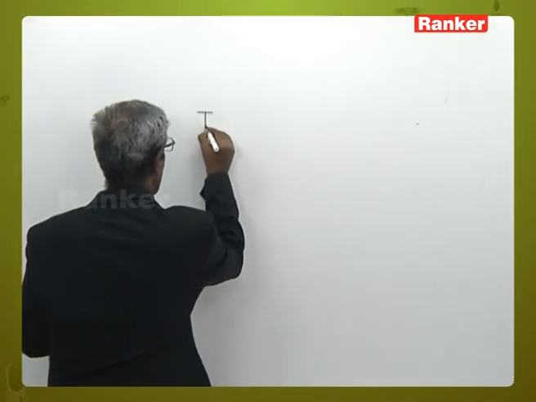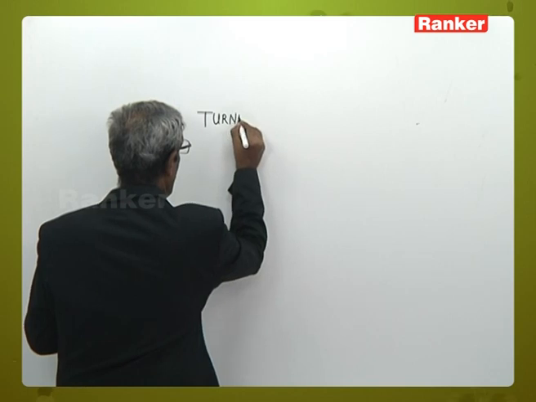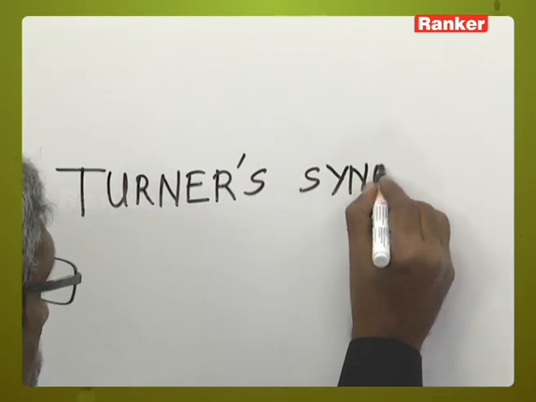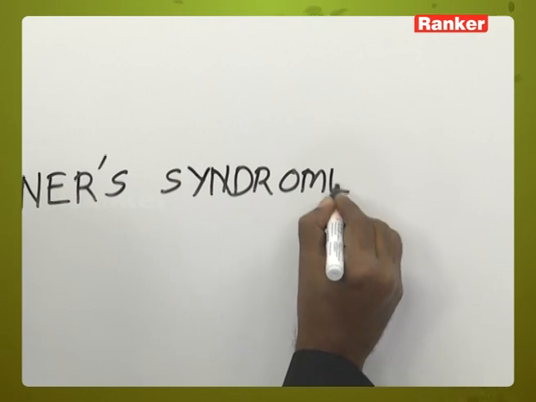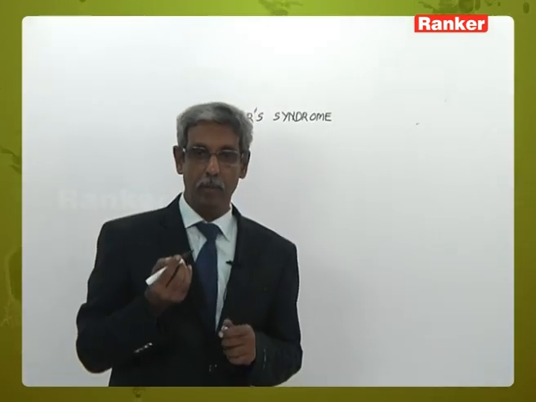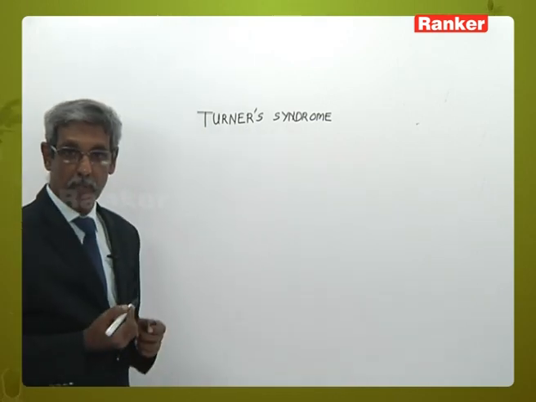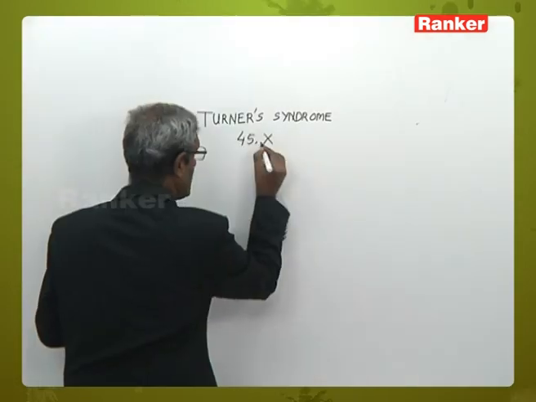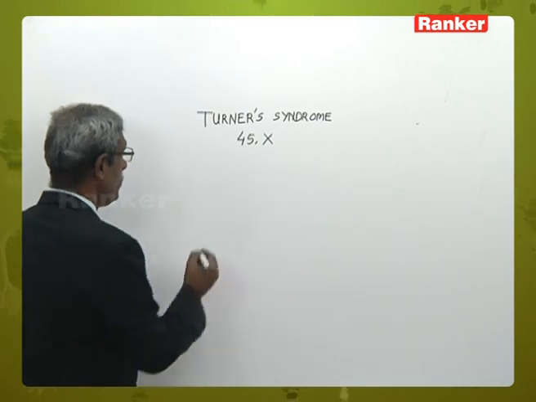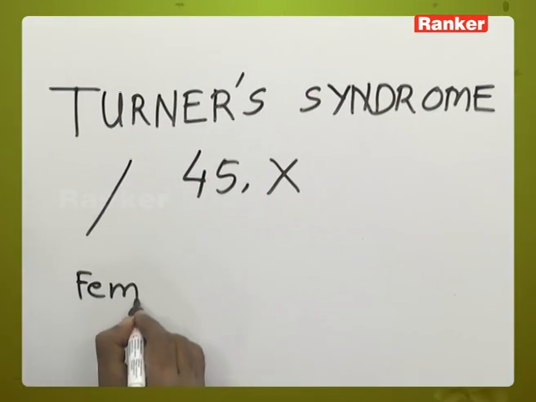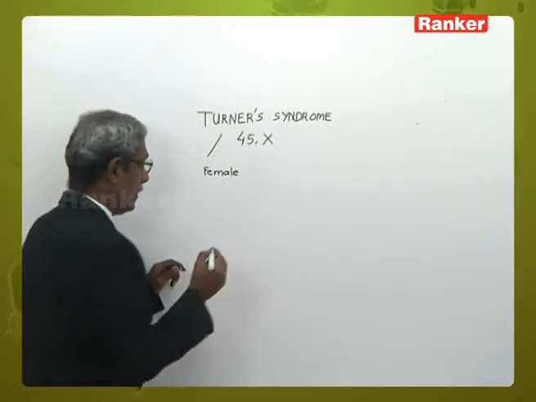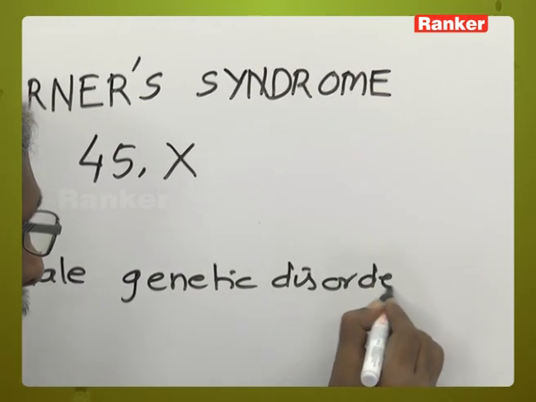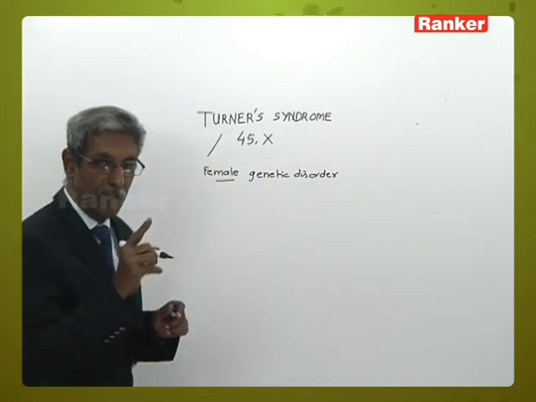Next we go into the third type of syndrome, which is termed Turner syndrome. In the case of Turner syndrome, it is designated as 45, X. Turner syndrome is a female genetic disorder, while Klinefelter was male.